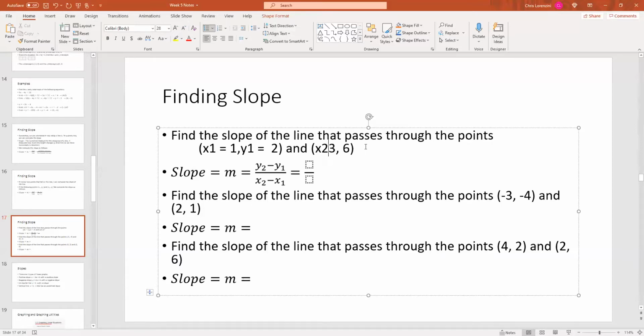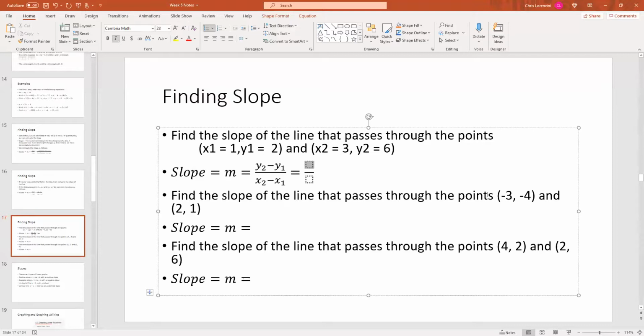We're going to let the other point be x2, y2. It doesn't matter which point I pick for x1, y1 and x2, y2, as long as I don't mix the points together. I can't try and pick things that look nice. I have to keep the ordered pair together as x1, y1. The other ordered pair together is x2, y2.